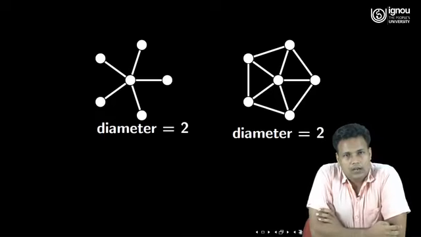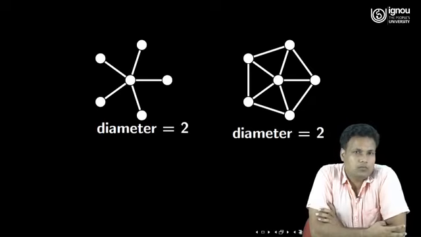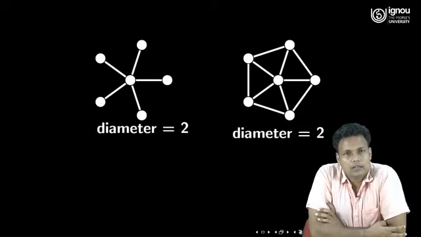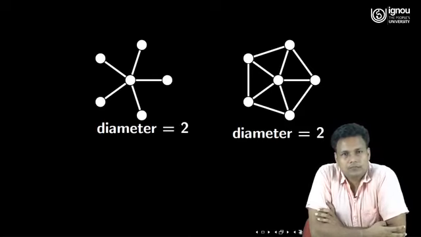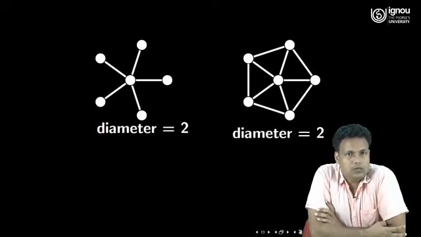Now consider these graphs. The graph on the left has diameter 2, because you just look at the vertex which is at the center. We shall define shortly what we mean by a center, but you can see that this vertex is at a distance of at most 1 from each other vertex, and any two non-adjacent vertices have a common neighbor.